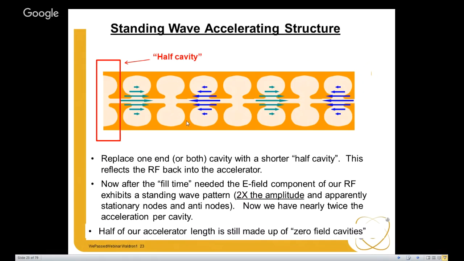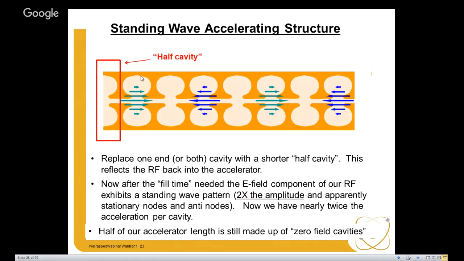So now what we have is this standing wave pattern. Now I have alternating cavities that either have zero field or a field that is rapidly switching between maximum and minimum, with the time constant associated with the frequency of the electromagnetic waves.